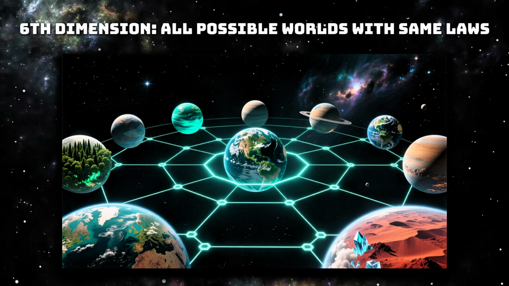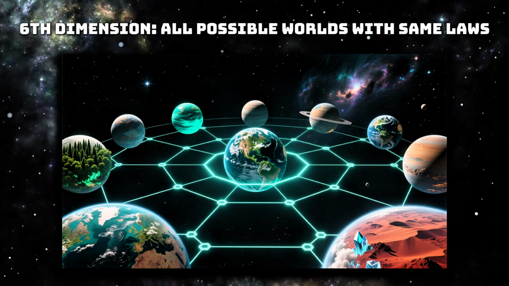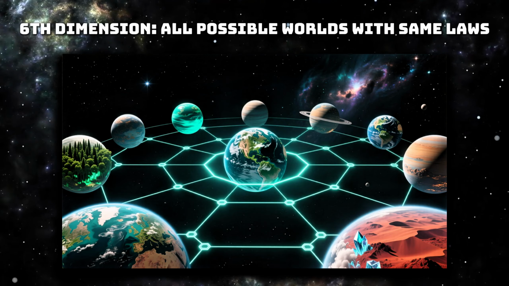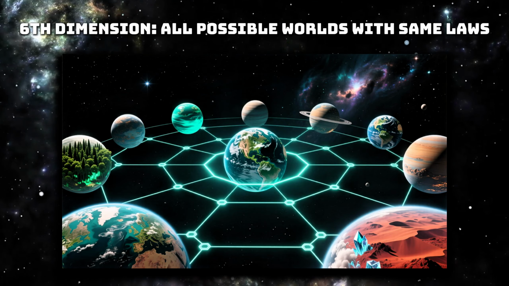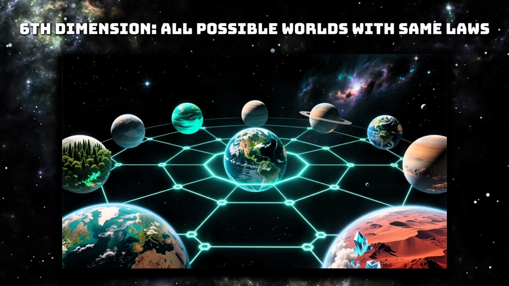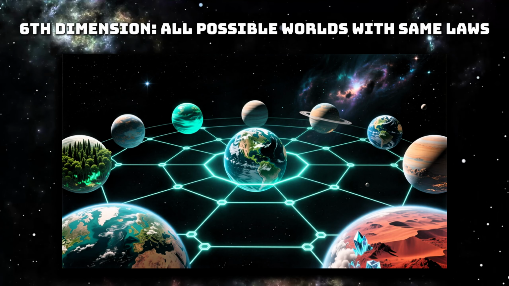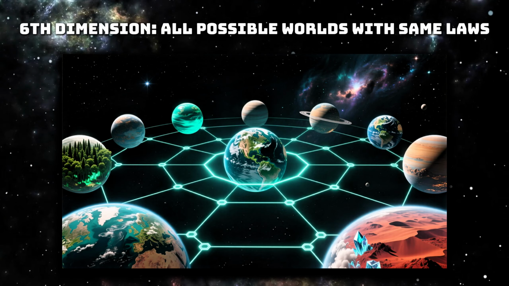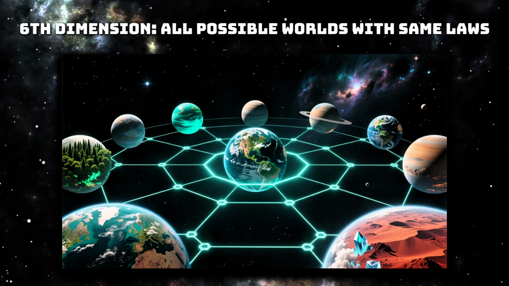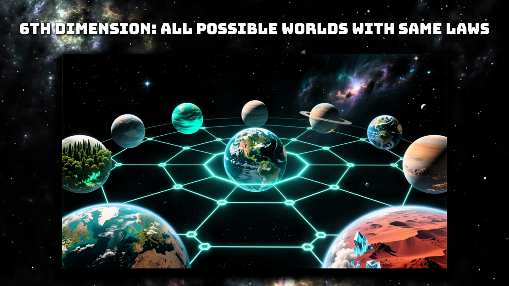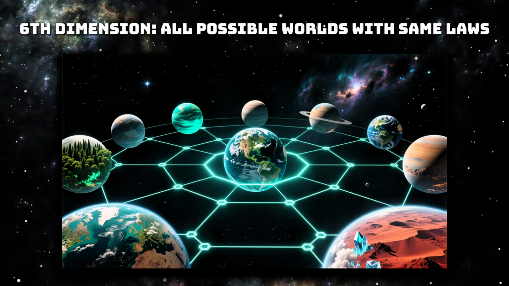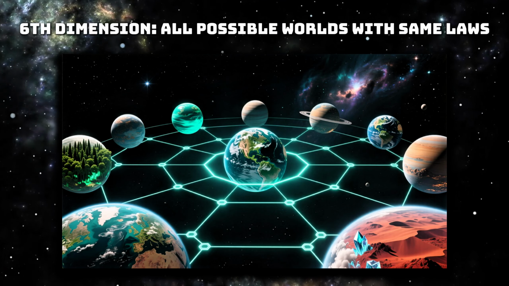What if the universe itself could have formed differently while still obeying the exact same laws of physics? The sixth dimension is often described as the collection of all possible universes that share the same fundamental rules, the same equations, and the same constants of nature, but differ in how those rules play out.